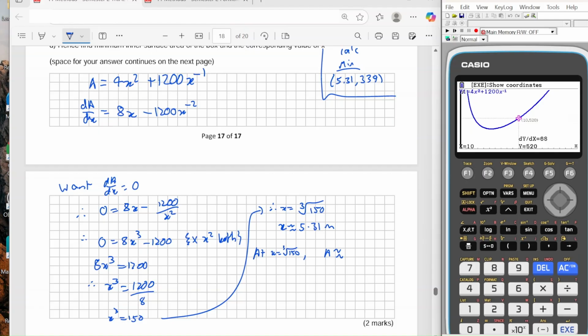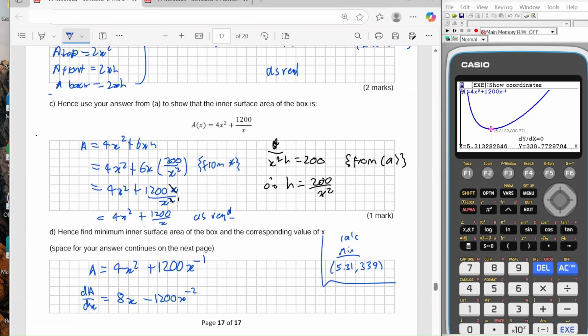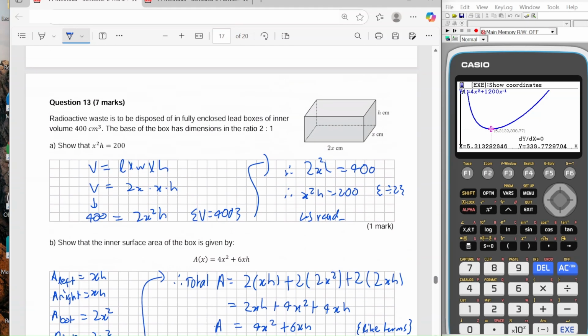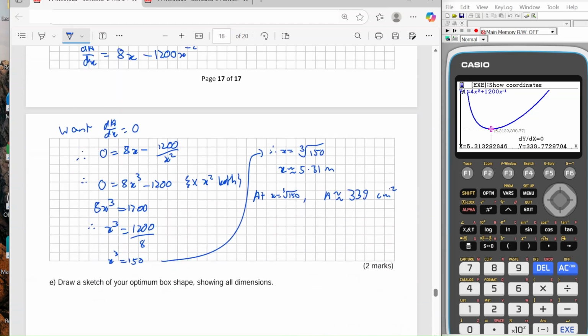I'm going to trace at the cube root of 150, 150 to the power of a third. And you can see that it does show that minimum. The area is about 339 centimeters squared. I reckon we're in centimeters for this question. Yep, sure are. And then that should have been in centimeters as well then.